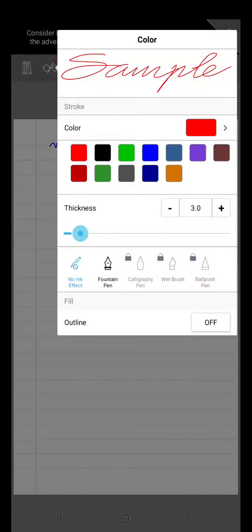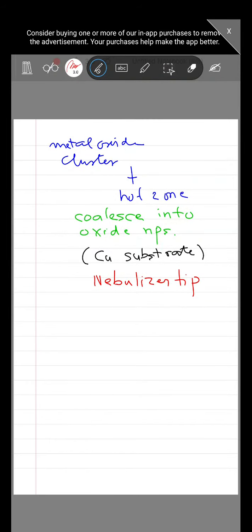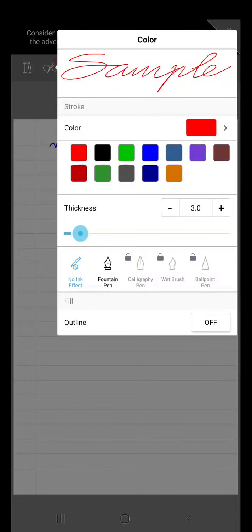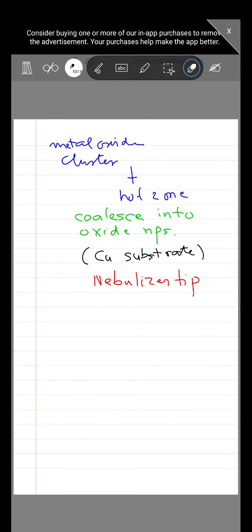So let's try to understand the whole process. First of all, this is the liquid precursor we talked about.